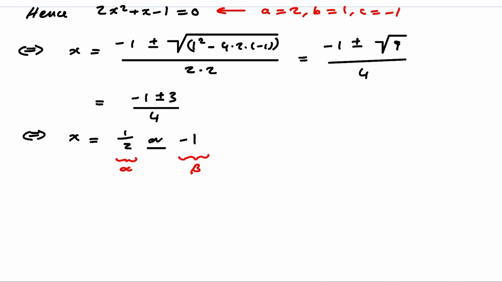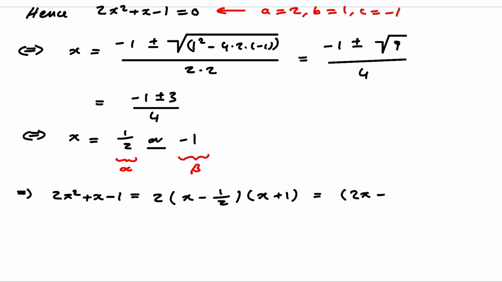So the conclusion here is that 2x squared plus x minus 1 is equal to 2 times x minus a half times x minus minus 1, that's plus 1. If you want to make this a little neater, it's up to you, you could bring the 2 into the first factor, 2x minus 1. There's no need to do this really. It just makes it look really nice with integers.